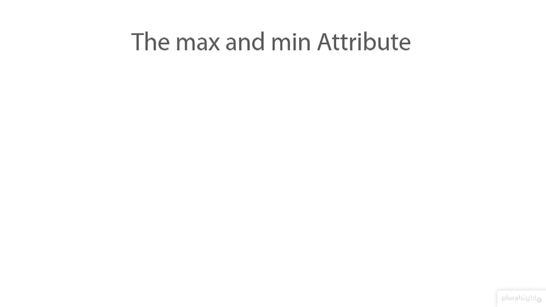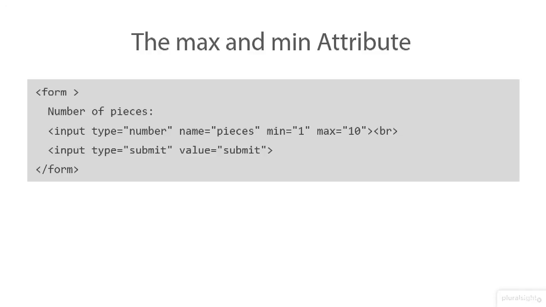We've already discussed the range input type. You'll probably remember that this input was rendered as a slider. Now such a slider brings with it that picking a specific value is rather difficult. If you want to have numeric input between a minimum and a maximum, you can use the min and max attributes, which you remember again from the range input.